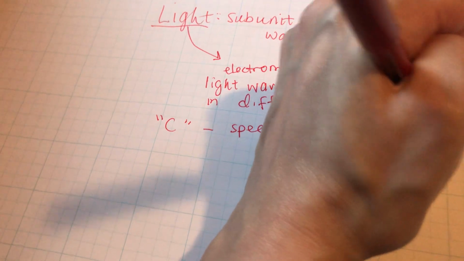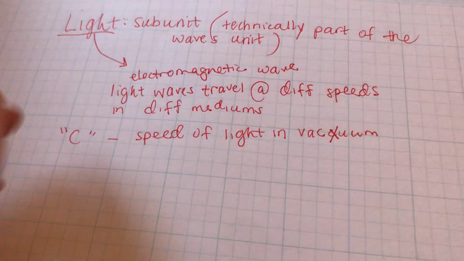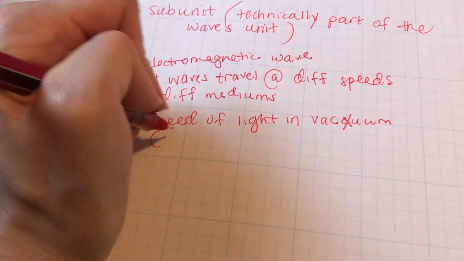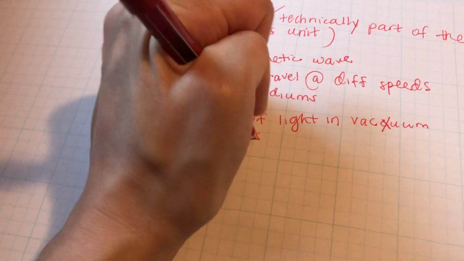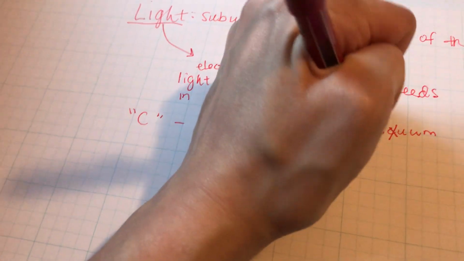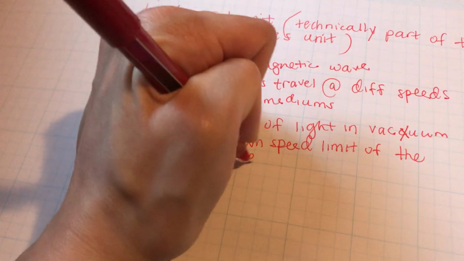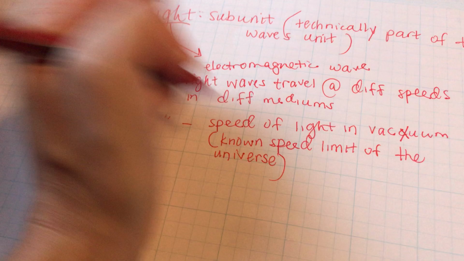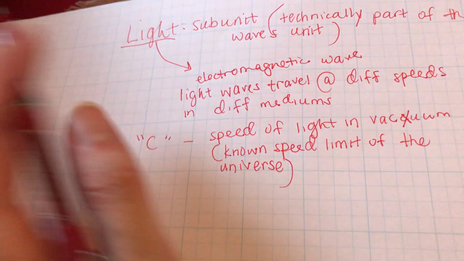Oh no, I spelled vacuum wrong, right? V-A-C. Okay, forgive me. Speed of light in a vacuum, which is essentially the known speed limit of the universe. So we will always operate under the assumption that nothing's going to travel faster than the speed of light in a vacuum.